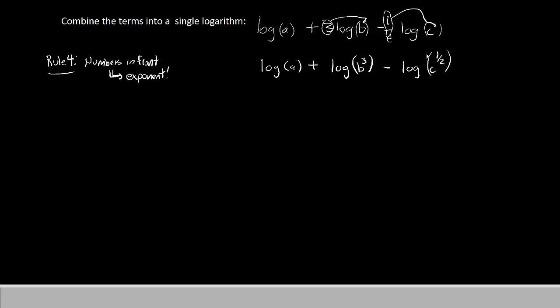Now that all the numbers have been moved into the exponents, we can combine them with another rule, rule 5. To merge the logarithms together, we're going to make a fraction.